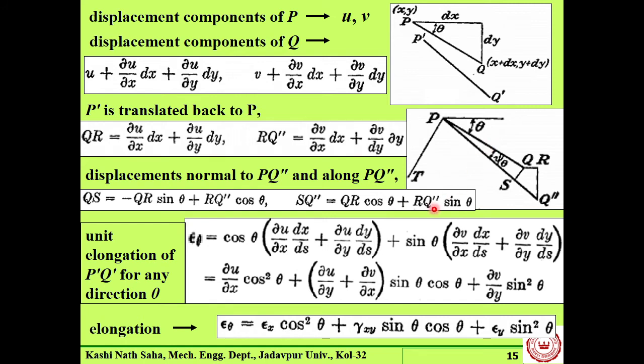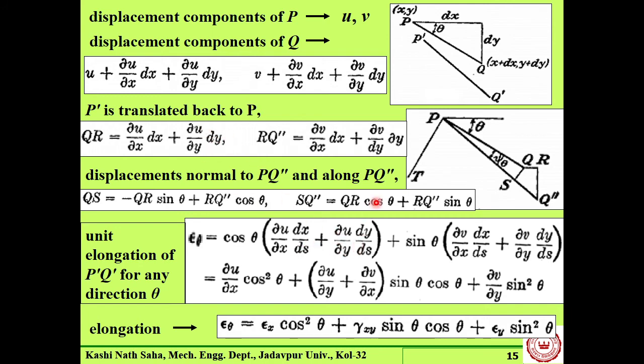Clear? What is QR by PQ? Actually, QR is given by this: QR equals dx. When we divide this by ds, that means by PQ, what are we getting? We are getting del u del x dx by ds into dx by ds, and from here we are getting del u del y dy by ds.